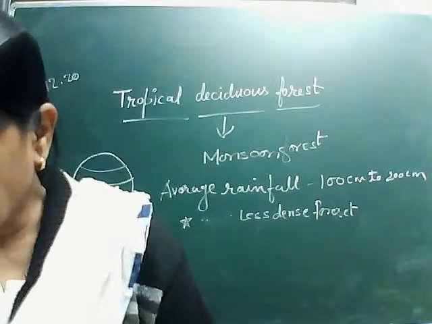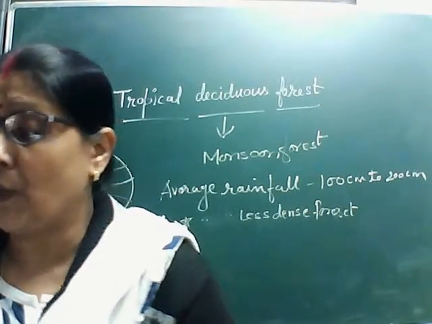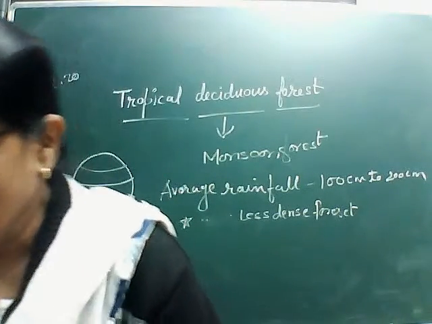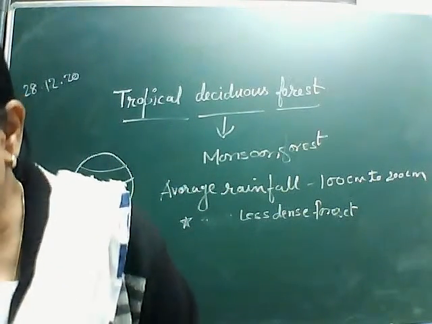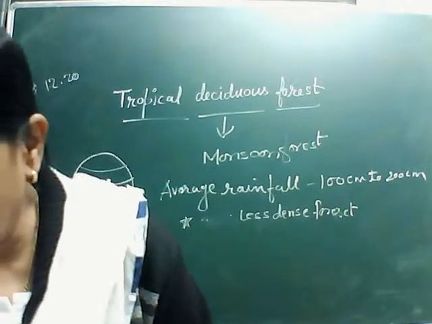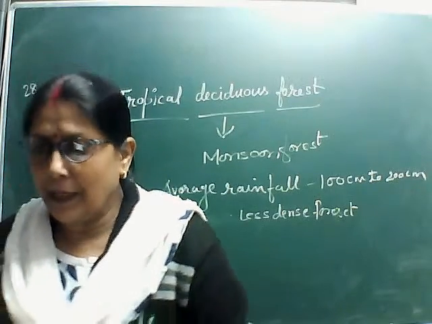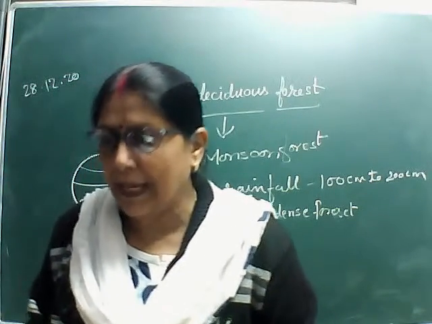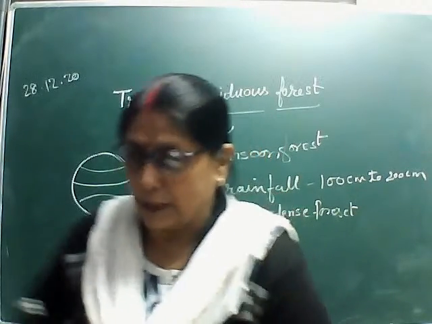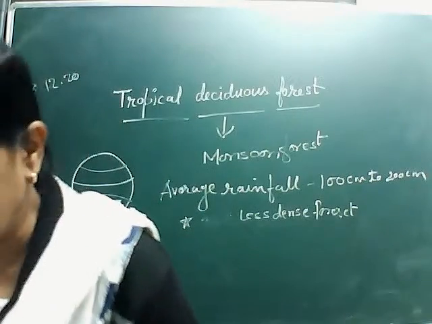Next, we can see the important trees of this forest. What are the important trees of this forest? If we see, that is sal, teak, peepal, neem and shisham. These are the important trees we can see in this tropical deciduous forest. These plants grow there.